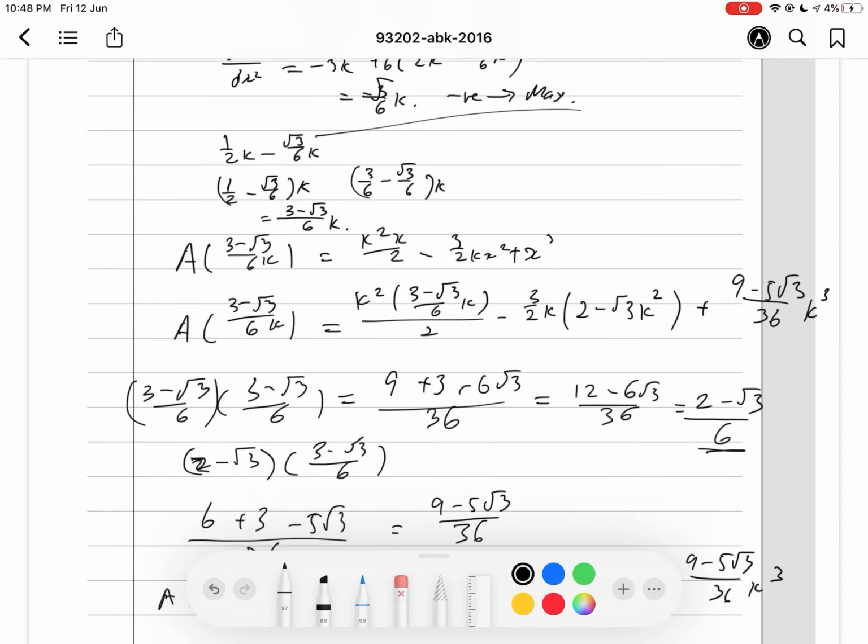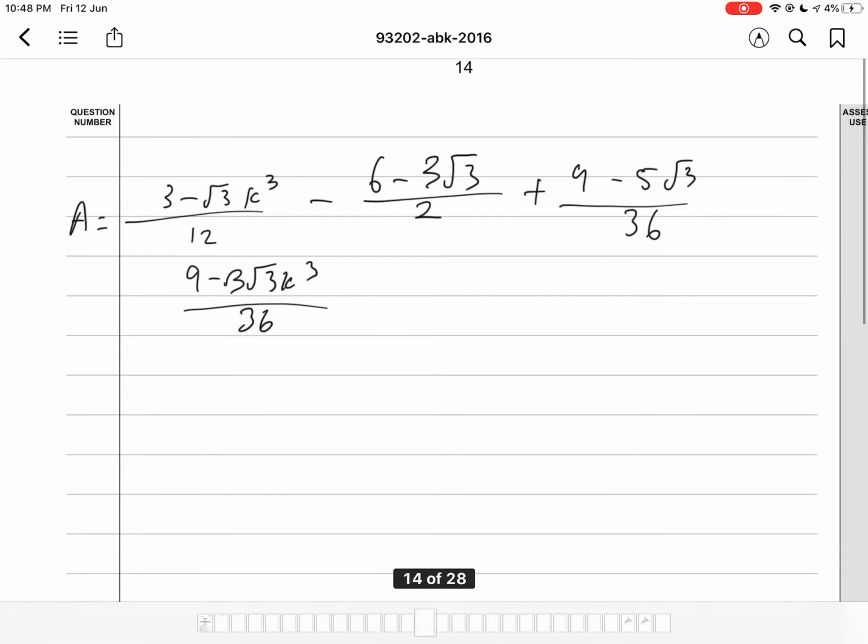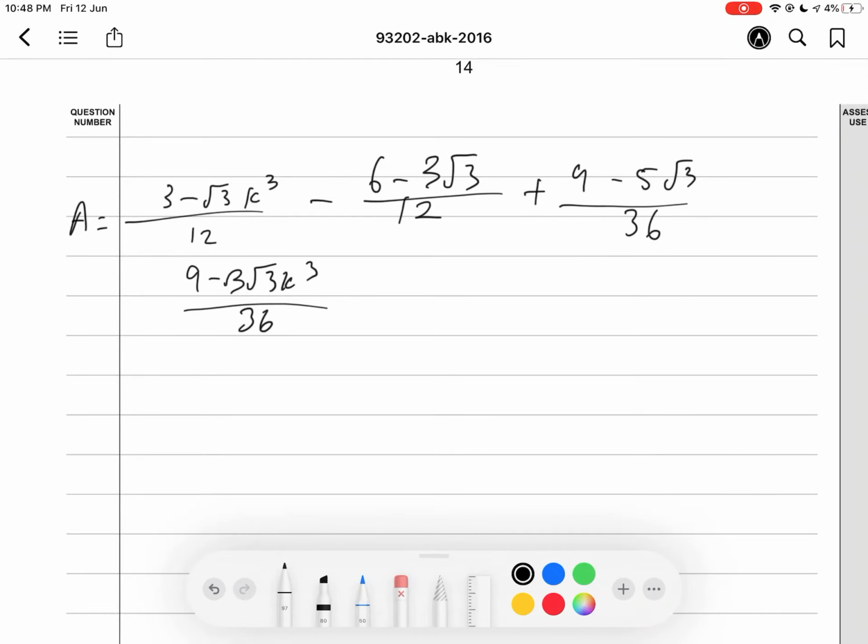Right, we forgot about the over 6, because remember we had that over 6. So this is over 6, and therefore this is actually over 12 as well. My apologies once again. So multiply this fraction by 3 as well: minus 18 minus 9 root 3, don't forget the brackets here, divided by 36, plus 9 minus 5 root 3 over 36.